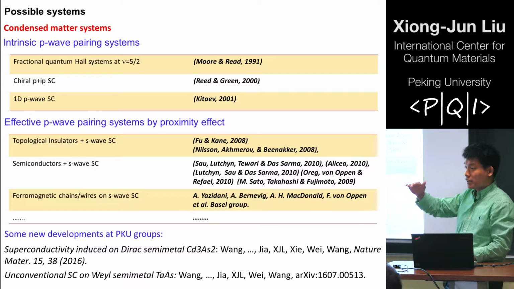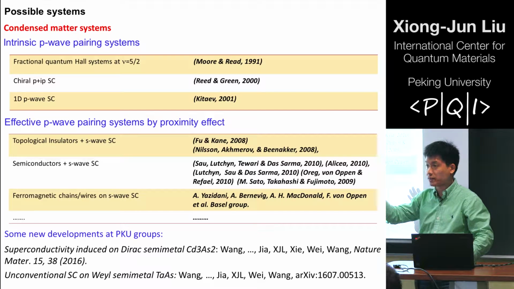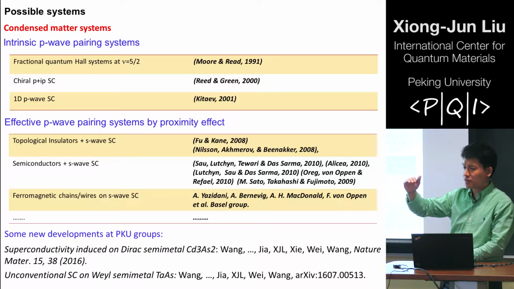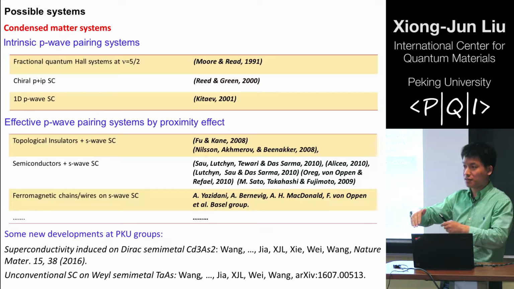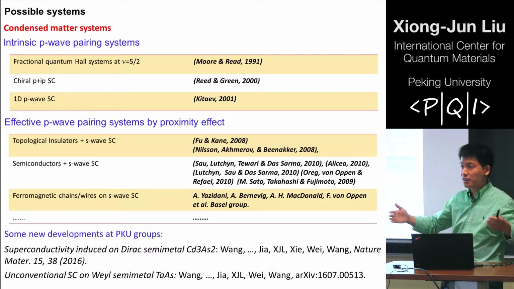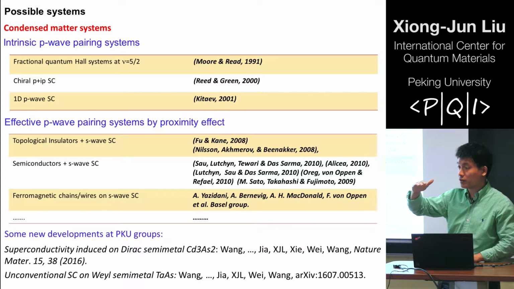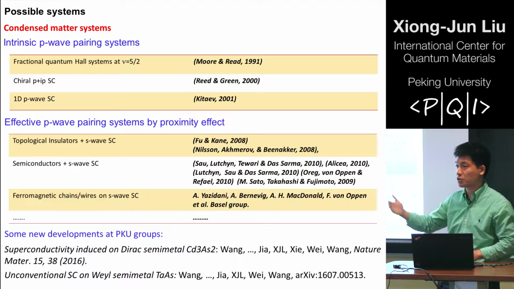That means if the Fermi surface has non-trivial topology, and you induce the superconductivity on this Fermi surface, if you just consider the normal BCS type pairing, then you can imagine the superconducting pairing cannot change the topology of the system. Then the topology of the original normal state can go to the topology of the superconducting state.